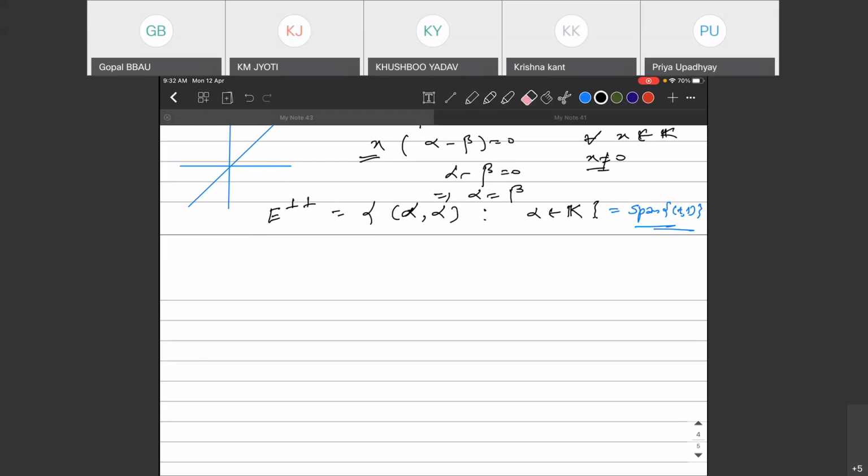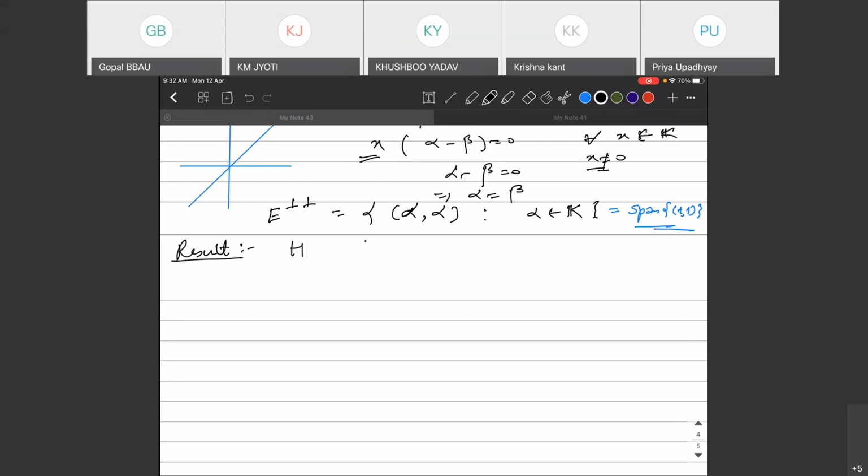So you all know now what is an orthogonal set and what is the orthogonal complement of a set A or a set E. Then in your notes there is a result which says: you have a Hilbert space H and two orthogonal closed subspaces.